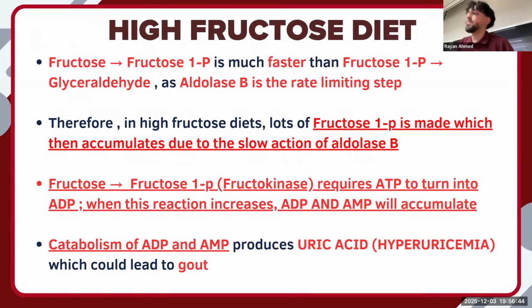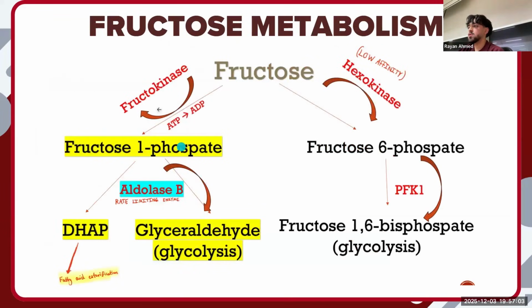Okay, now we're going to be speaking about the high fructose diet, when you eat a lot of fruits or whatever. Fructose to fructose 1-phosphate is much faster than fructose 1-phosphate to glyceraldehyde, because aldolase B is a rate limiting enzyme.